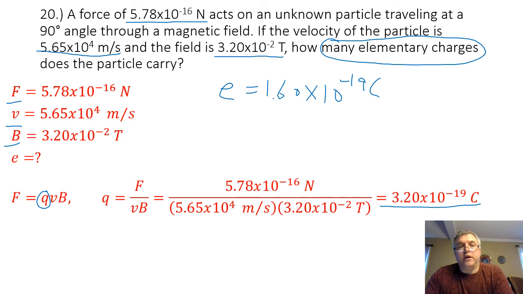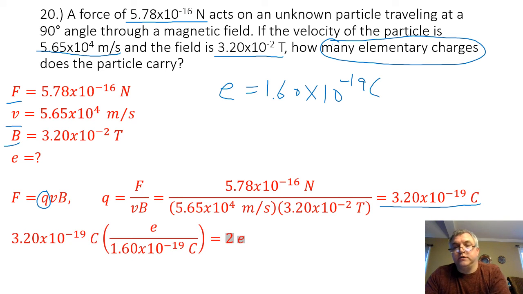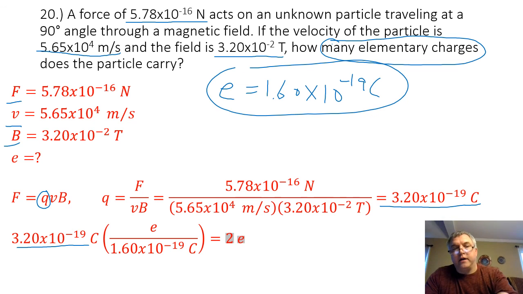So I want to end up with elementary particles. So when I multiply the charge of the particle, which is 3.20 times 10 to the minus 19th coulombs, by this conversion factor, I know I'm going to want to have the elementary particles in the numerator and the charge in the denominator. That way my charges will cancel out and I'll just be left with elementary particles.